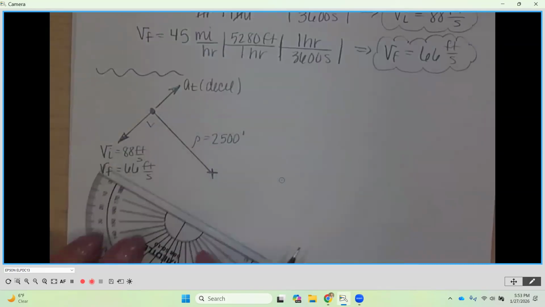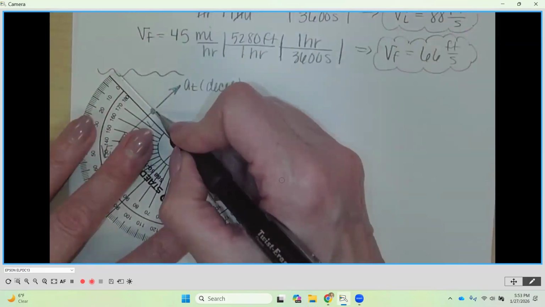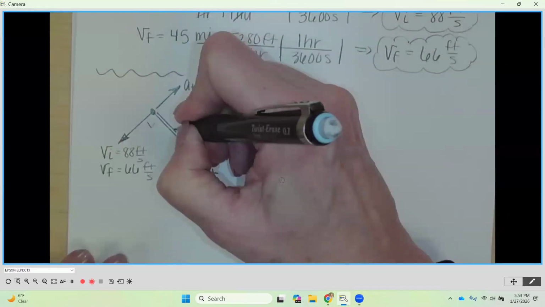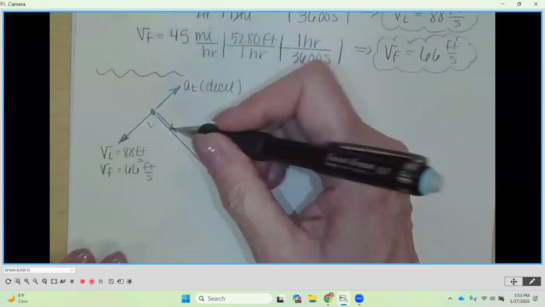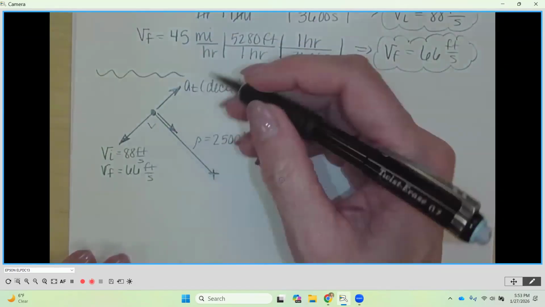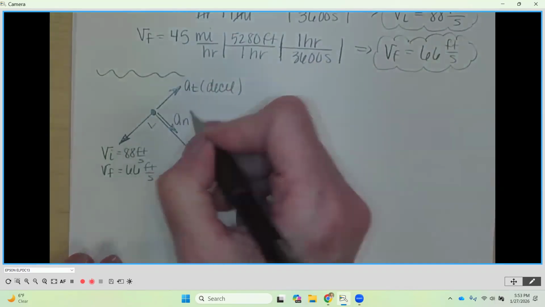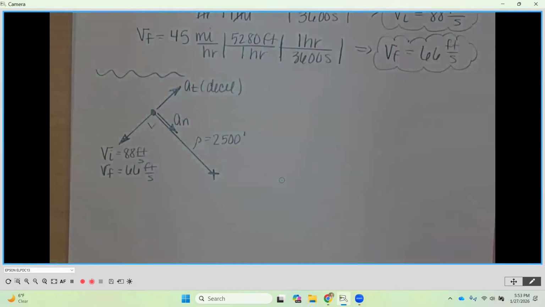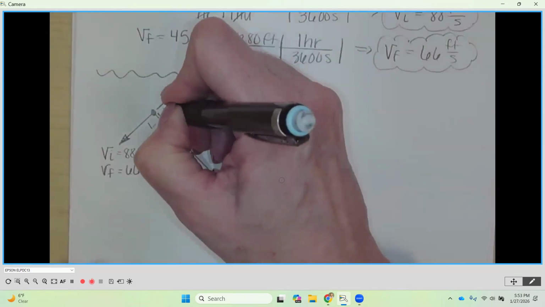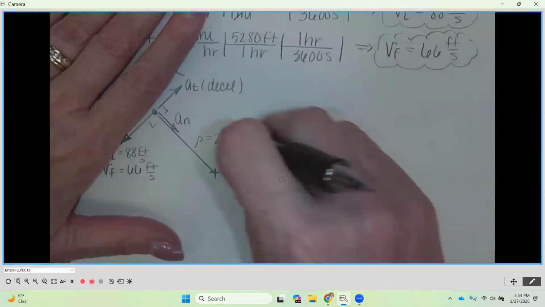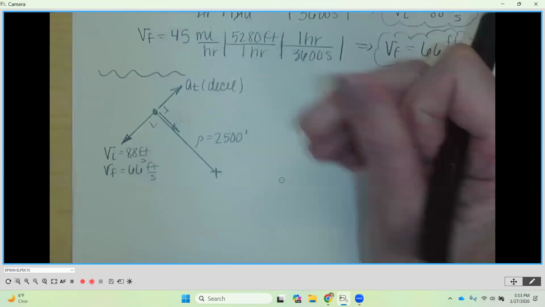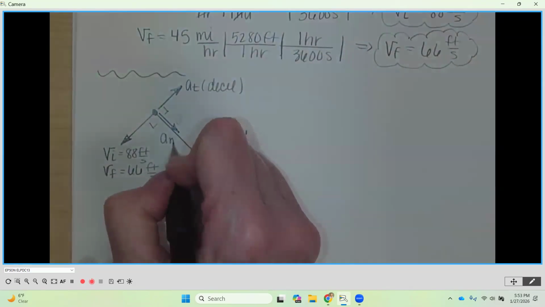Now the normal component of acceleration is going to go from the vehicle and point towards the center of rotation. So this is going to be the normal component. We can see that these two are 90 degrees to one another. I'm going to put my a_n on this side.